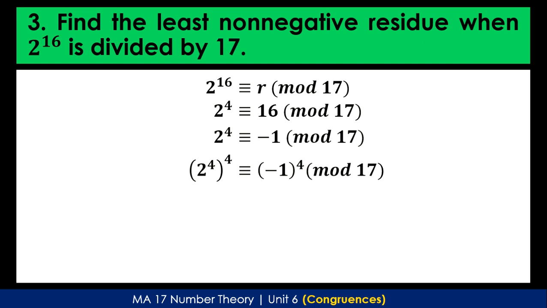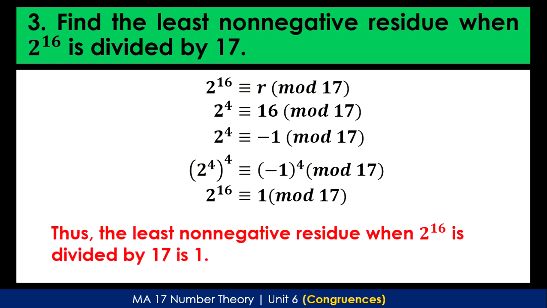Negative 1 times negative 1 times negative 1 times negative 1 is 1. So 2 raised to 16 is congruent to 1 modulo 17. Therefore, since we are after the least non-negative residue when 2 raised to 16 is divided by 17, we have 1.